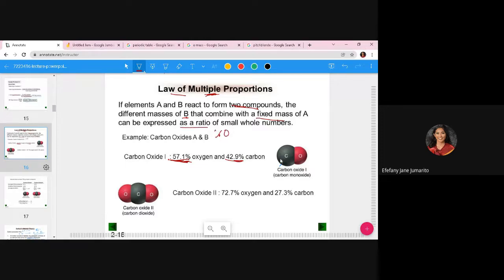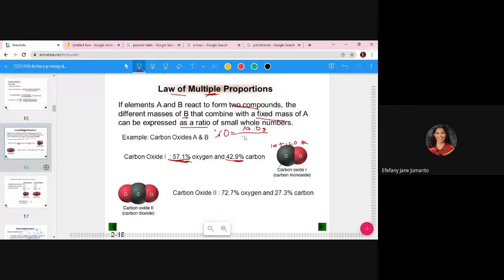First, in carbon oxide, percent oxygen is equal to 16.0 divided by the total, which is plus 12. Carbon is 12.01 plus 16, how much is that? 28.